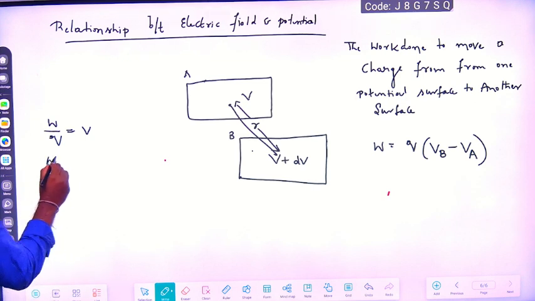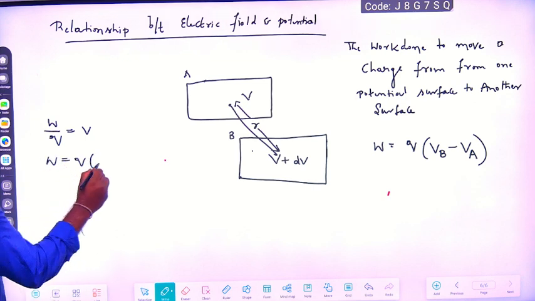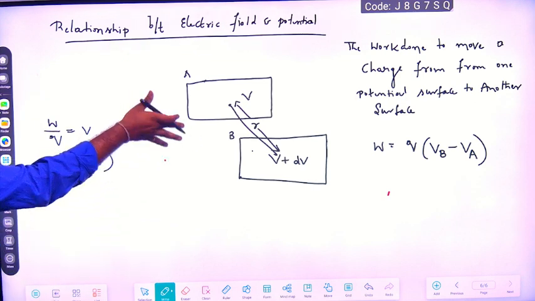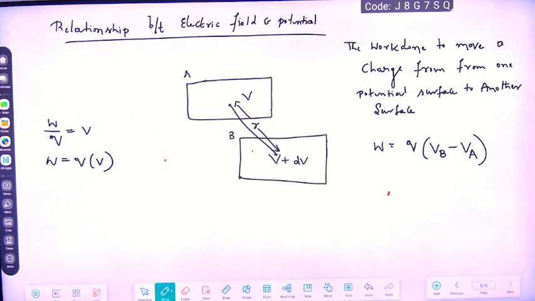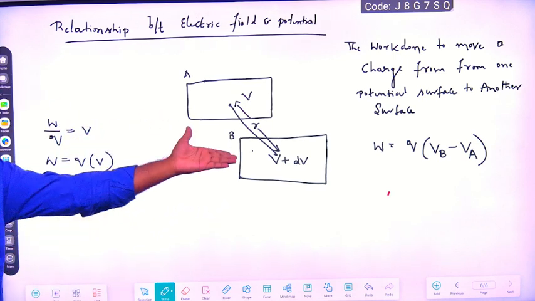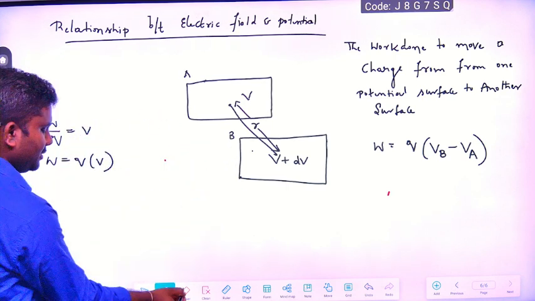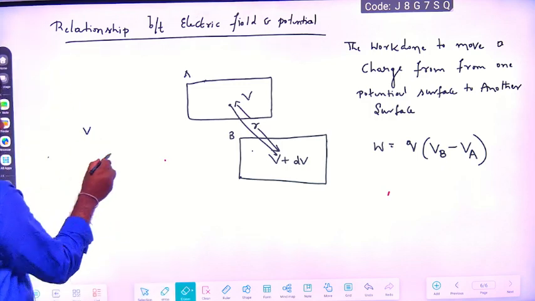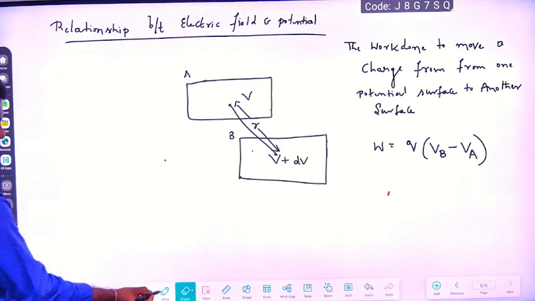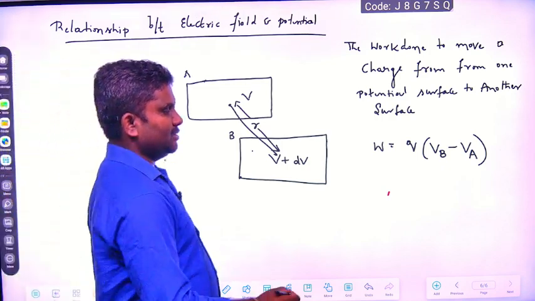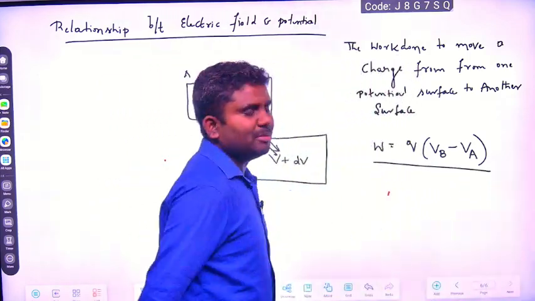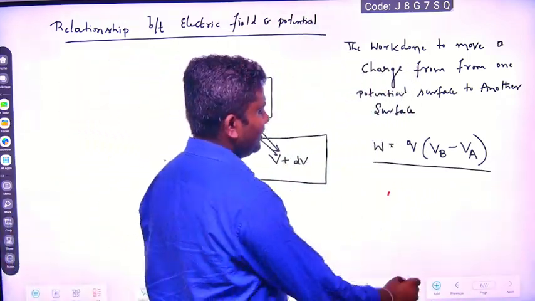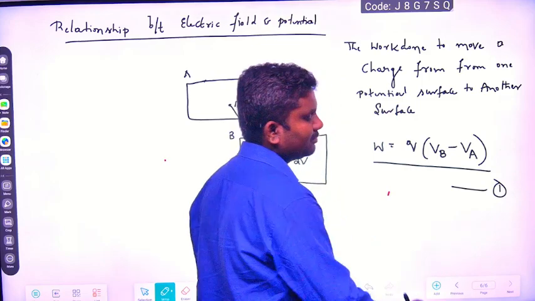So work done is charge into potential, and since that potential is different, I take delta V. That was the same formula I applied. Why are you getting confused? So W is equals to Q into VB minus VA. This is number 1, which you know.